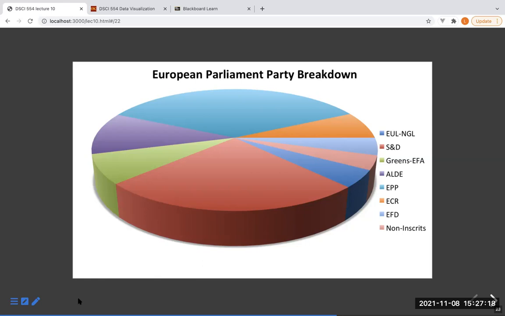So here we're trying to compare these parties, right? And what is interesting is to know which one has the most seats, which one has the less seats here in the European Parliament.